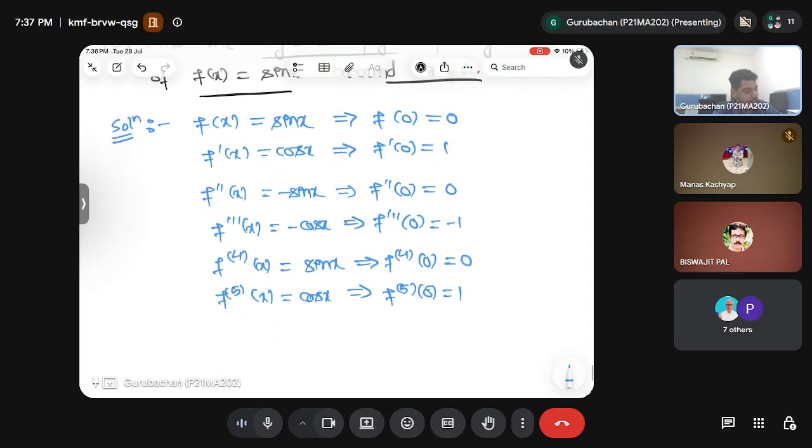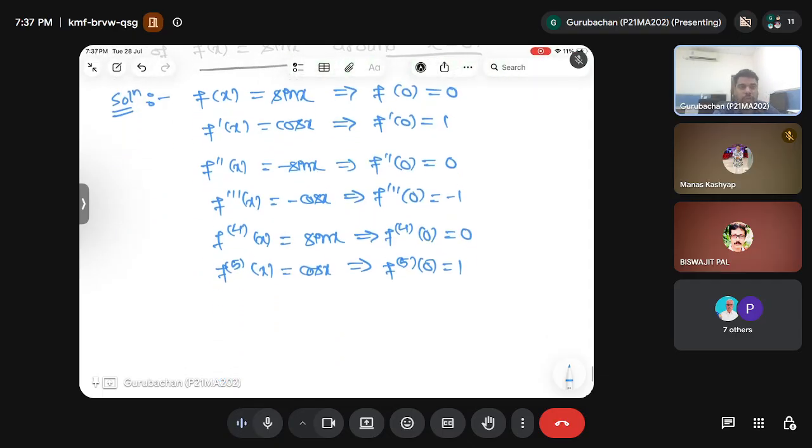Now let us write its Maclaurin polynomial, or you can say its Taylor's polynomial at x equal to 0. So P5(x) is f(0) plus f'(0) divided by 1 factorial into (x minus 0), and so on till f5(0) divided by 5 factorial into x to the power 5.